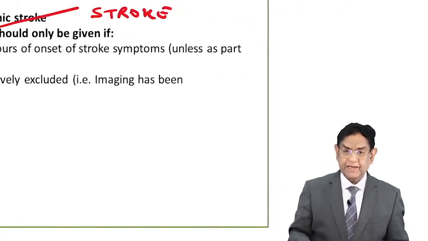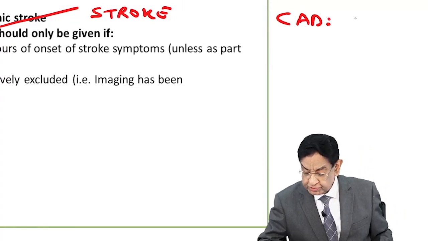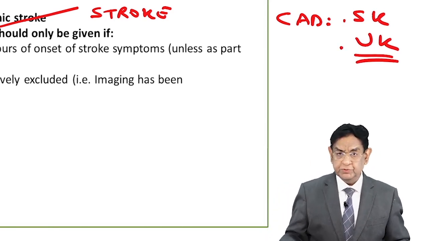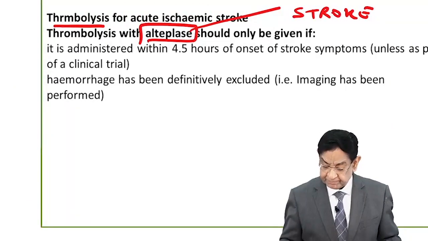Point to be noted very carefully, in coronary artery disease, we use streptokinase, urokinase, but we don't use this in CVA, we use only alteplase.